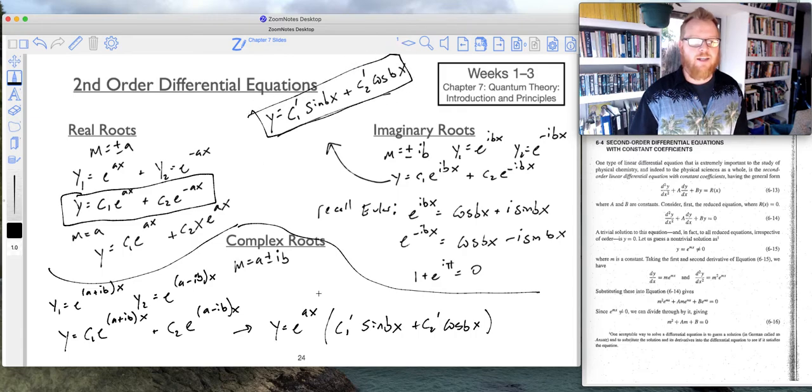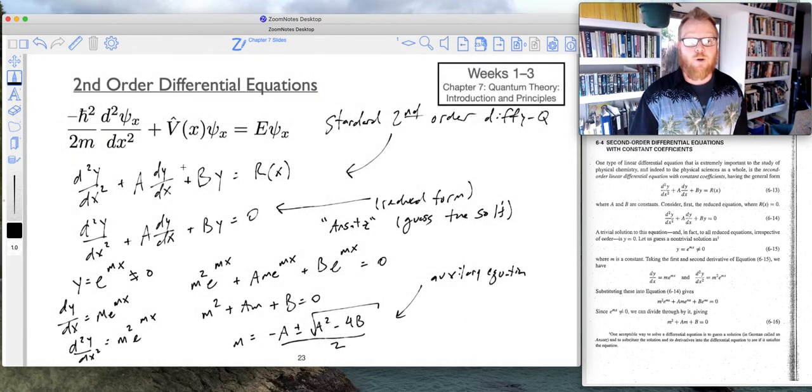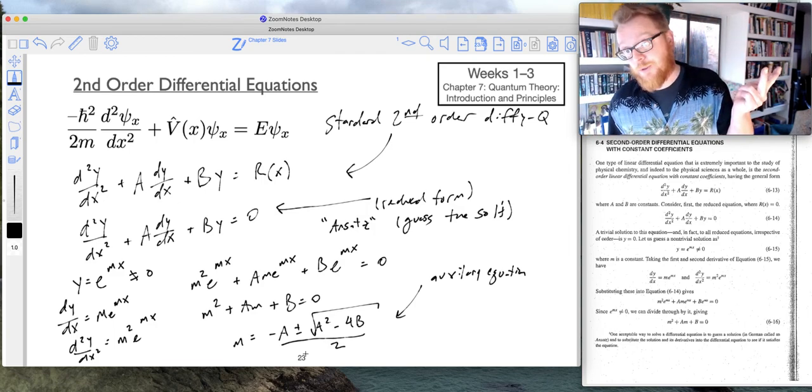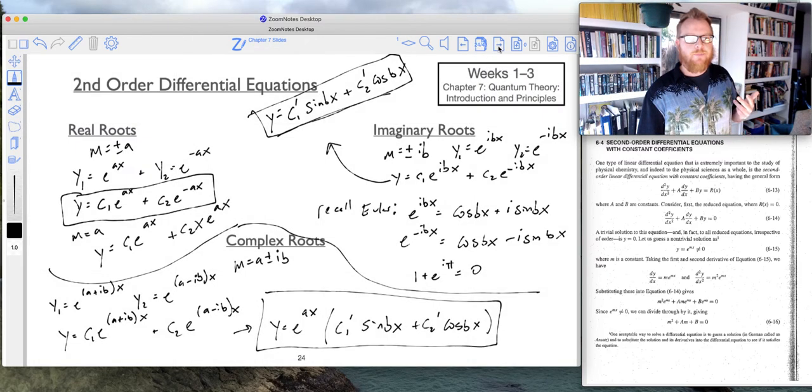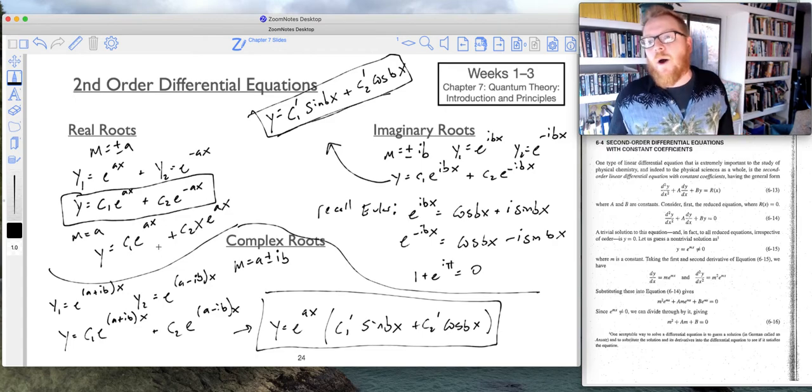Because really, at the end of the day, I'm going to backtrack just a little bit. I'll remind you, when we get this auxiliary equation and we solve this quadratic, remember, real roots, imaginary roots, or complex roots, we've got to see what we get. If we get real roots, and we know that the solution to that quadratic is m equals plus or minus a, just go directly to this, and it's perfectly acceptable to just write c1 and c2 because those are constants of integration that we have to determine.